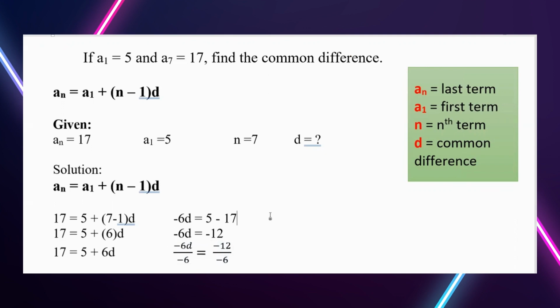So simplify the equation. Negative 6d divided by negative 6 is positive d, is equal to negative 12 divided by negative 6, which is positive 2. Therefore, our conclusion, the computed common difference is positive 2.